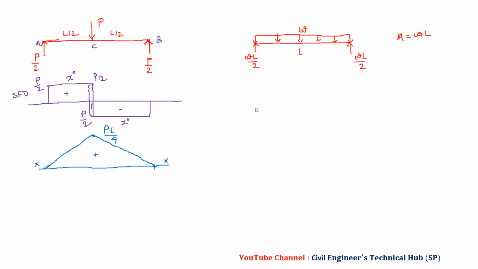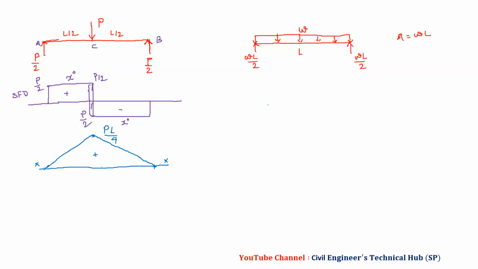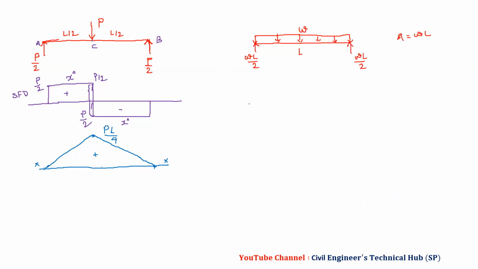And then you draw SFD. So how will we get this SFD? So we will go with SFD. So we have to go up over here. So WL by 2 we will go up. This is x to the power 0. So automatically I will get x to the power 1.